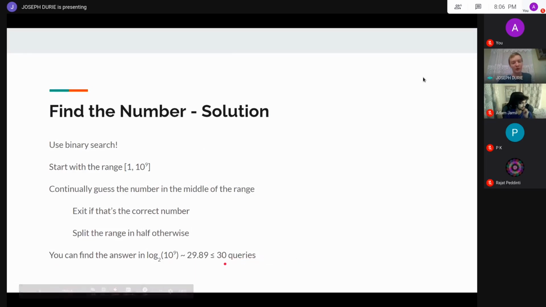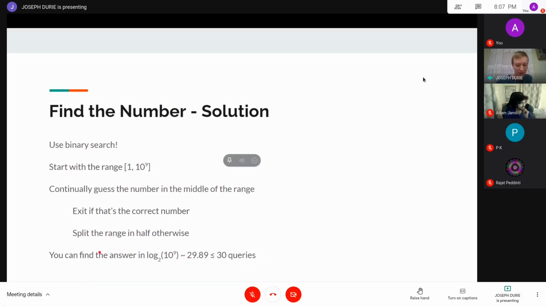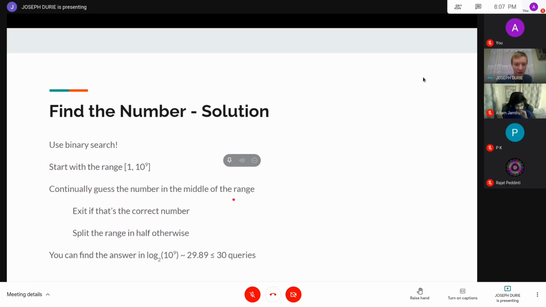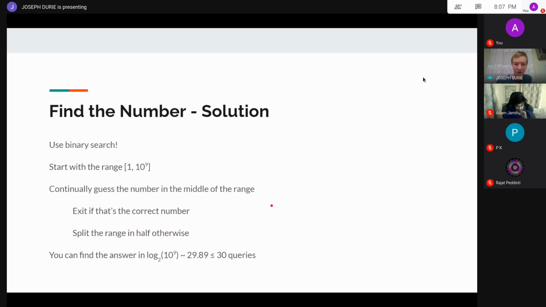Less than or equal to 30 queries, so we always have enough. So this is an example of when the number of queries is very important, because you'll notice that we have 30 queries and the max value of x is about 2 to the 30. So that's a hint towards the solution. So yeah, basically just binary search using the queries to check.